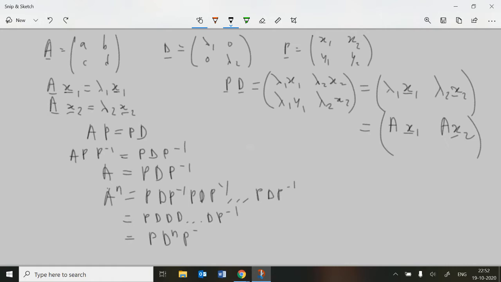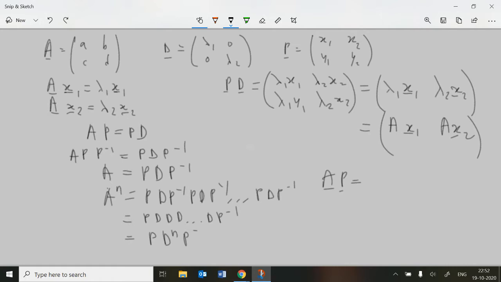Okay, so given that this is the same as this, then we can also see that if we applied A to P, so let's do A times by P, the matrix A times by the matrix P, well, when we apply this to this, that's going to give us the same thing as this.